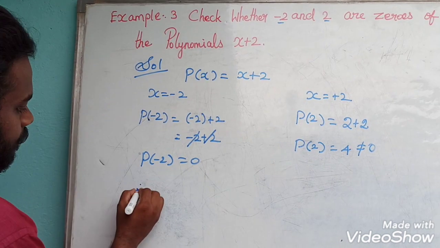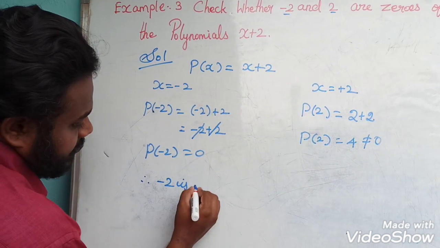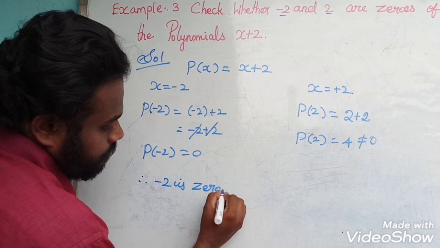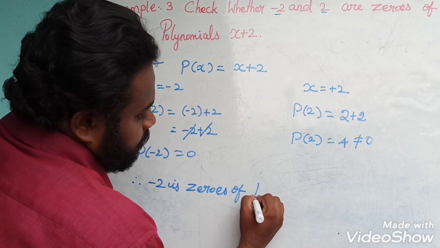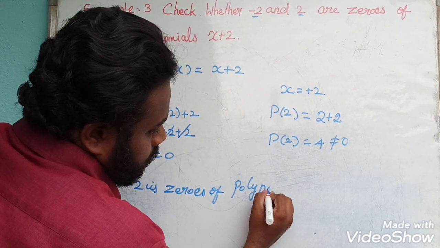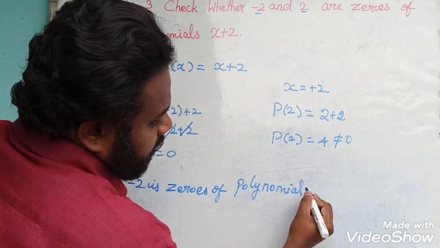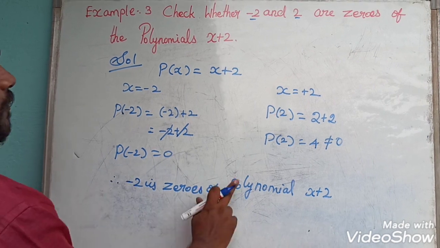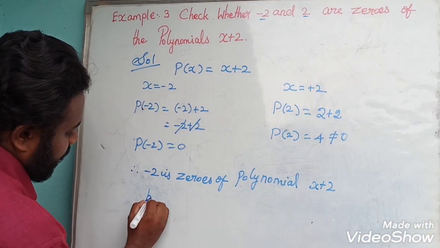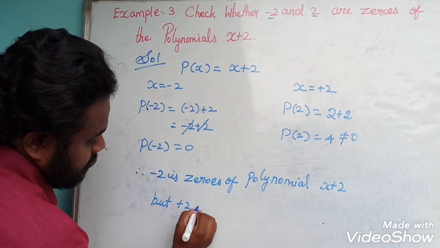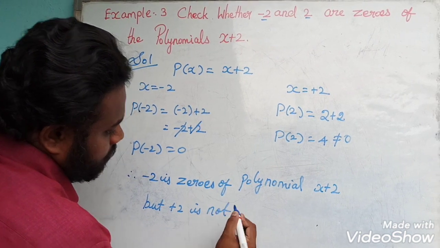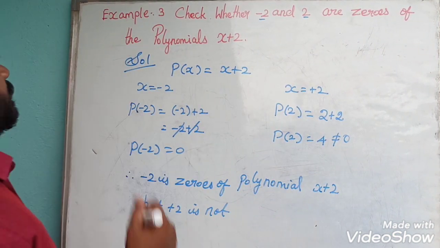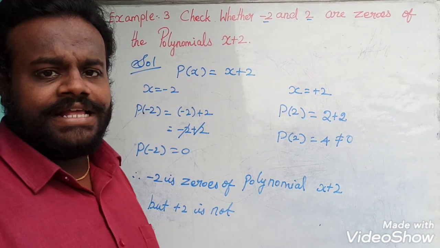So therefore minus 2 is the zero of the polynomial x plus 2, but plus 2 is not, because it is not equal to 0. Next we move on to example number 4.